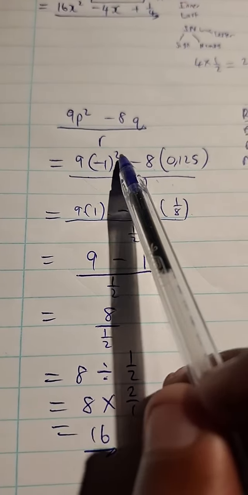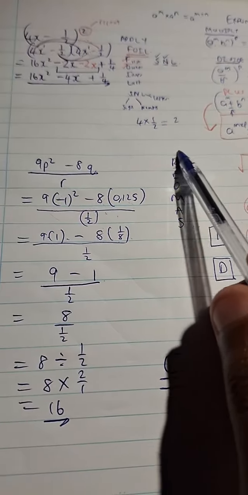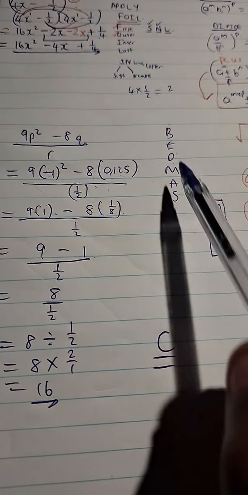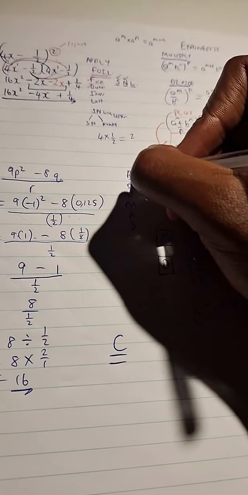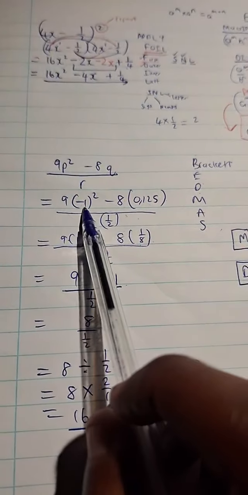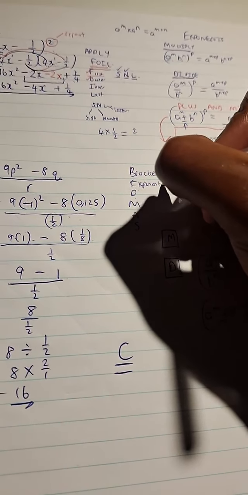You applied the exponent to the -1, because of BEDMAS, which is the order in which you do things when you have many different operations. BEDMAS means brackets. We start with what is in brackets. So this -1, then we are followed by what? The exponent.